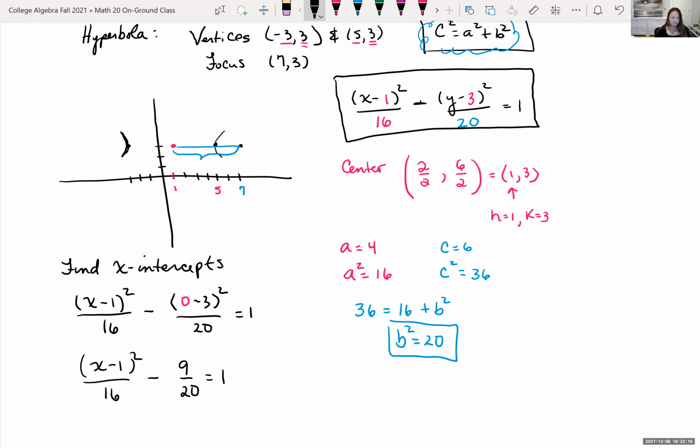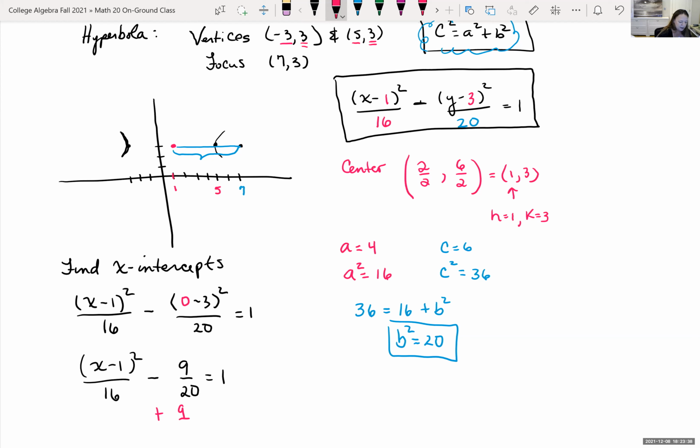Let's isolate that perfect square. I could expand that out, it just would be much messier and harder to find the x-intercepts. There are multiple ways to go about solving these, but there are usually easier ways, so we always want to try to make our life easier.